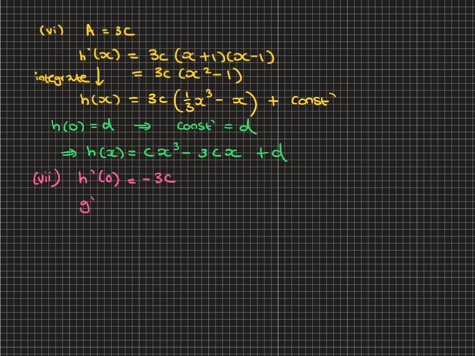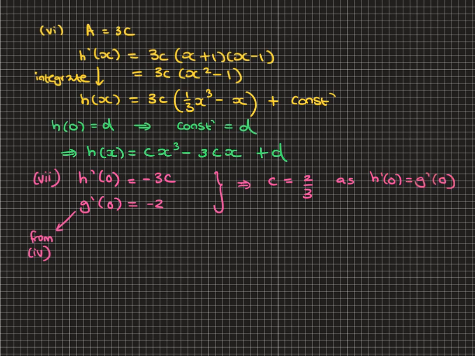And we also know that g dash 0 equals -2, and that's from, I think, part 4 of the question. So these two pieces of information will give us c equals 2/3, as h dash 0 equals g dash 0.